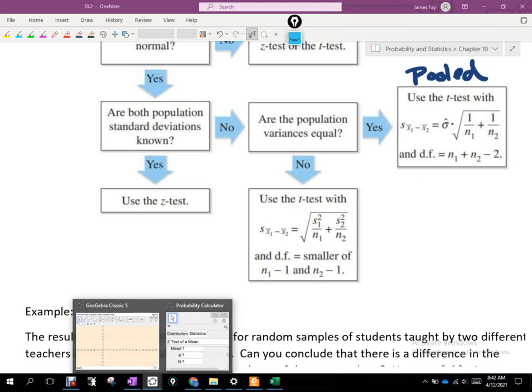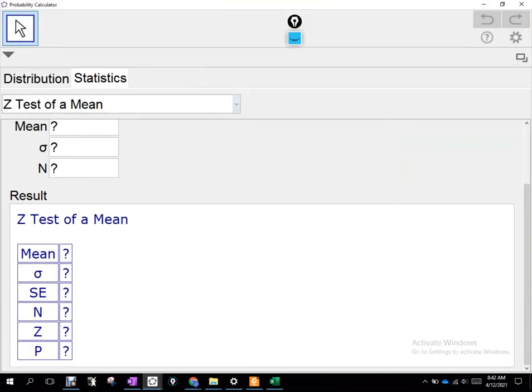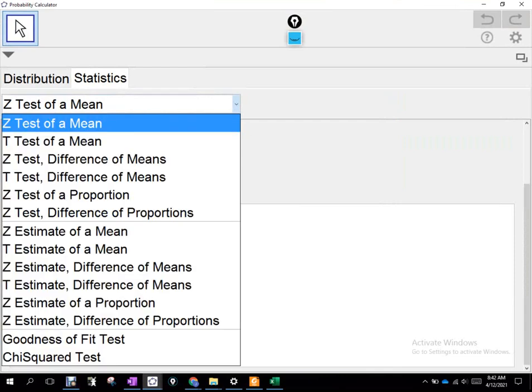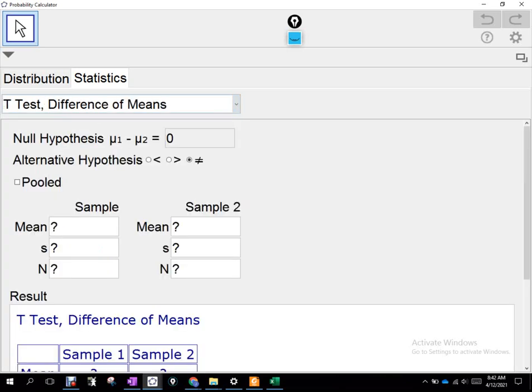So when we get to GeoGebra, we have to decide what test. We are going to do a t-test, because the sample sizes are small and independent. We're going to do a t-test for difference of means.